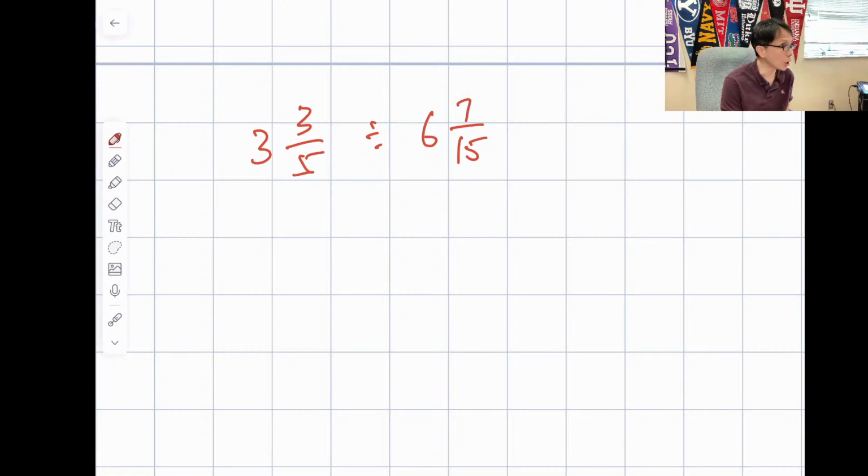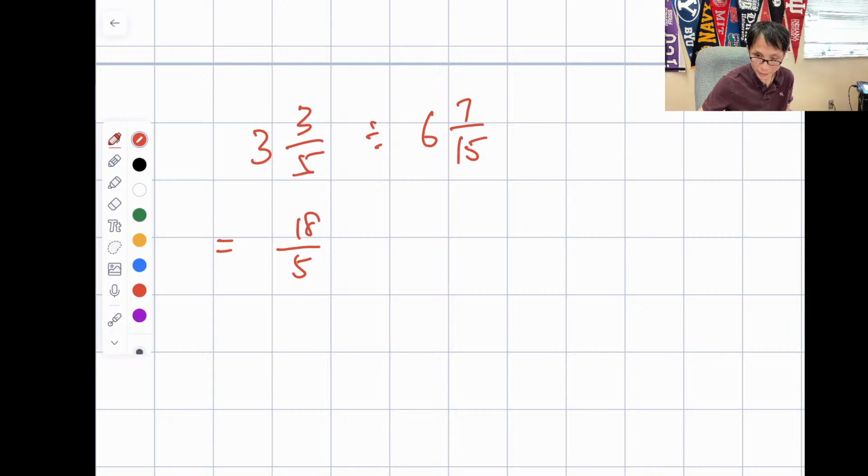Okay, did anybody not feel comfortable about dividing fractions? Yes. Okay, so what did you do first step? First step, I did keep change. Okay, good. That's a good step. So what's the first improper fraction? 18/5. Good.